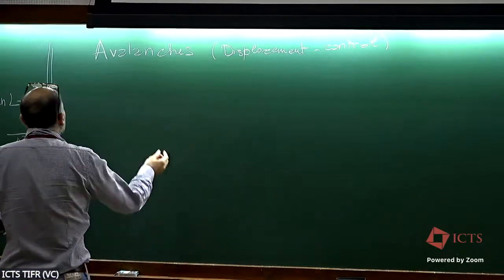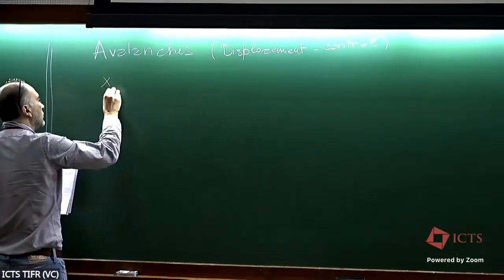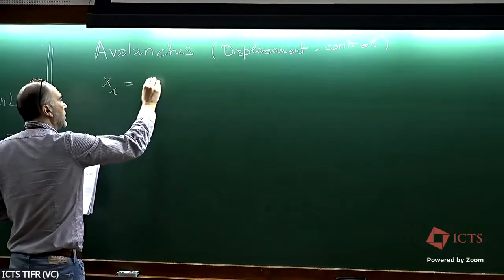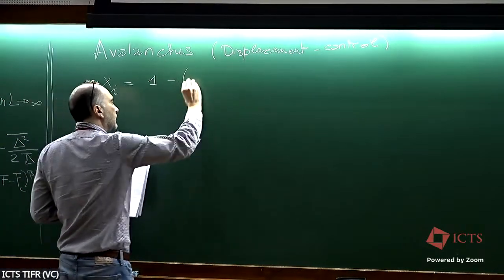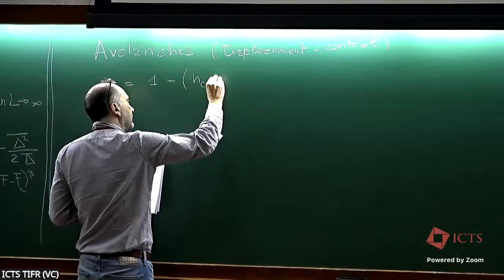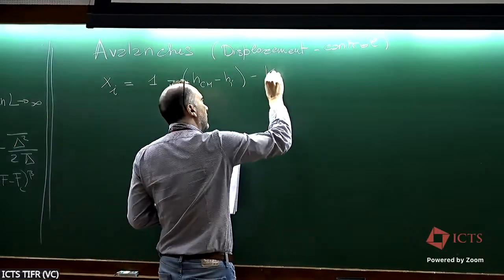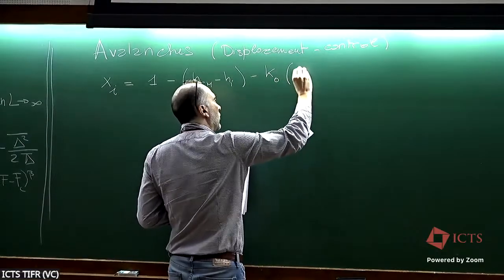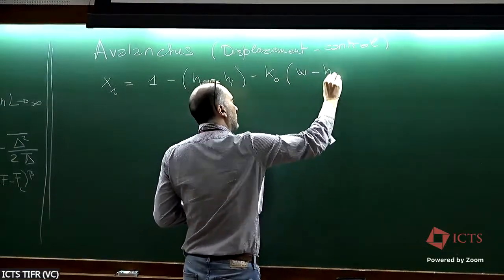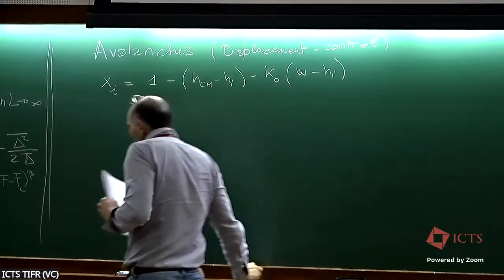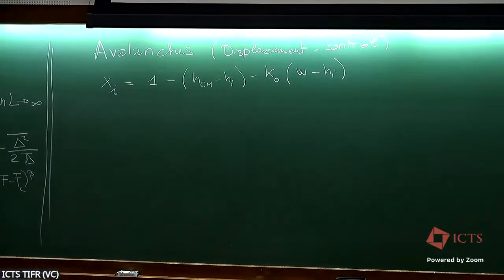So you move the interface, but you try to keep the same force. And so the difference is that you replace, so this is the same, but you introduce an elastic force that I can draw here. So you have some position W that you control.